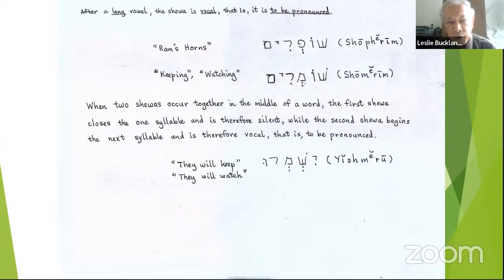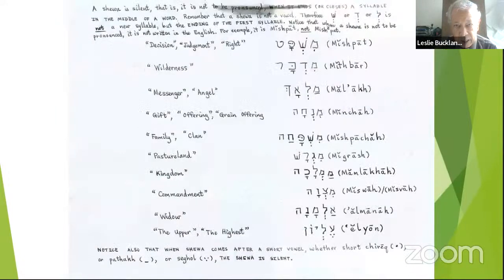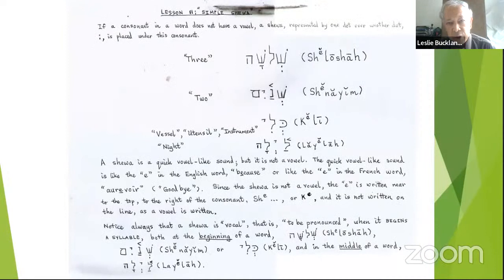So on the first page of this PowerPoint presentation, we saw that if it comes at the beginning of a word and it begins the syllable of that word, and it also begins the syllable in the middle of a word, then you should pronounce the simple schwa.